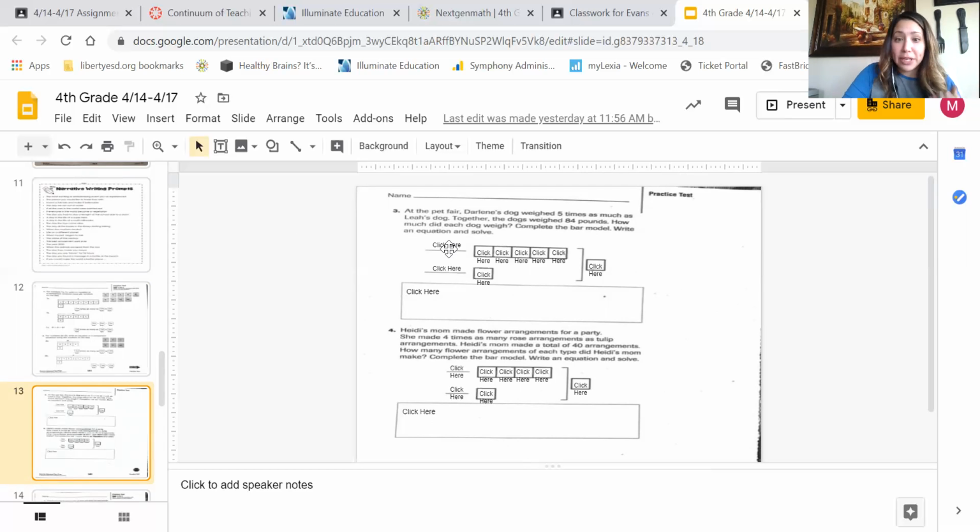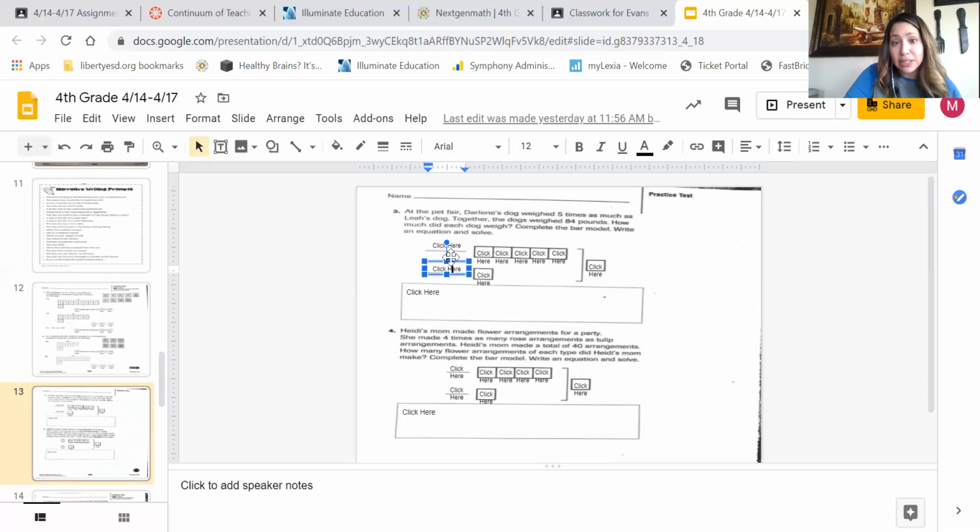So remember here, where it says click here and click here, these 2 lines, this is where you put their names, who we're talking about. It says Darlene's dog weighed 5 times as much as Leia's. Well, if you look here, there's 1, 2, 3, 4, 5 boxes, okay? So Darlene's name would go here because Darlene has 5 times as many. So if Darlene's name goes here, then Leia's name goes here, okay?